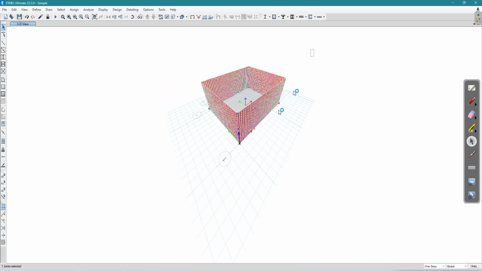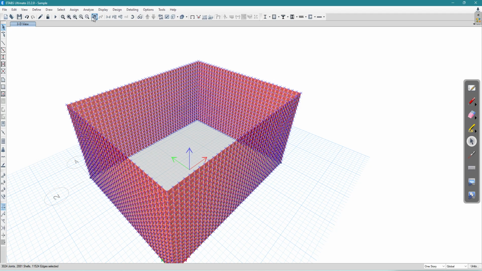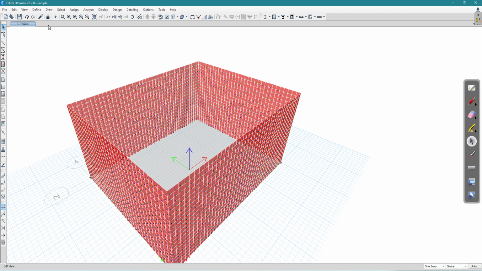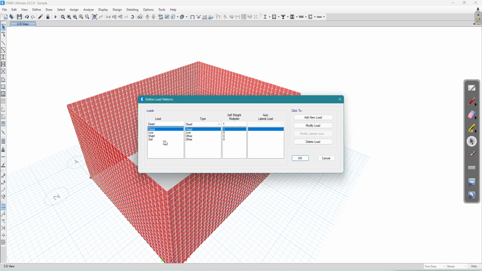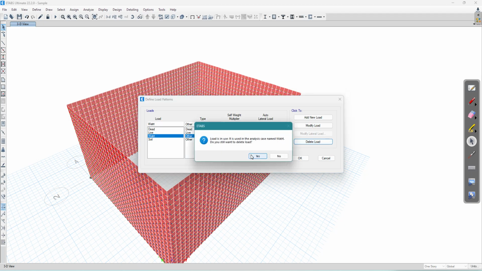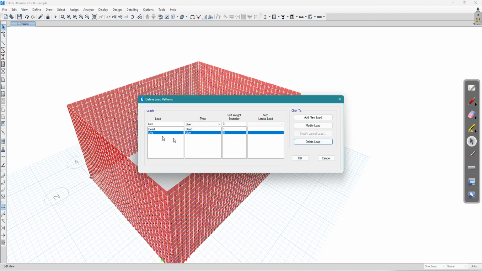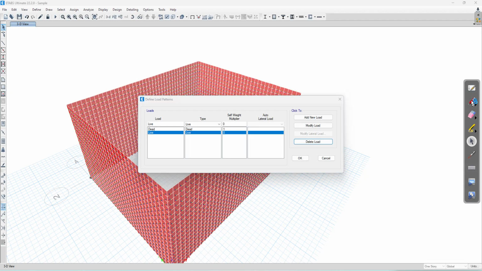So select all the walls. Okay. So before that you need to create load cases. So first you go to define load patterns. So by default there will be two load patterns. One is dead and another one is live.